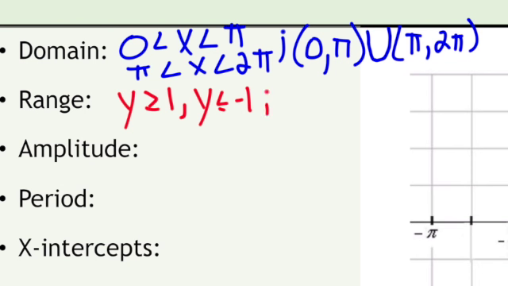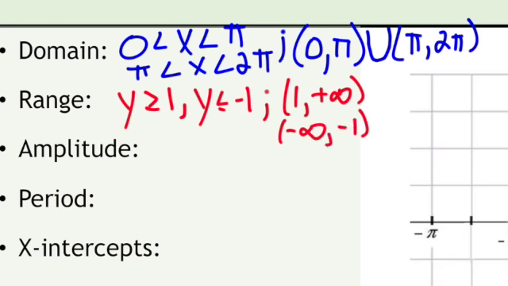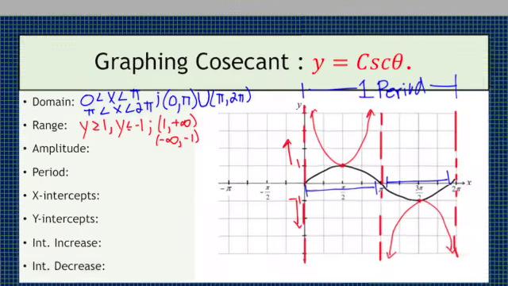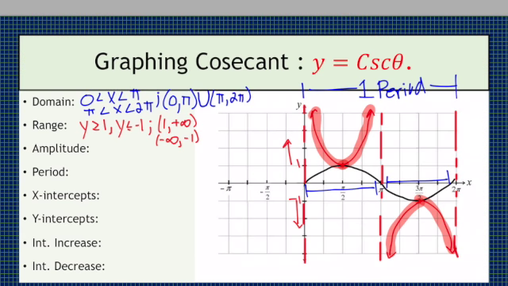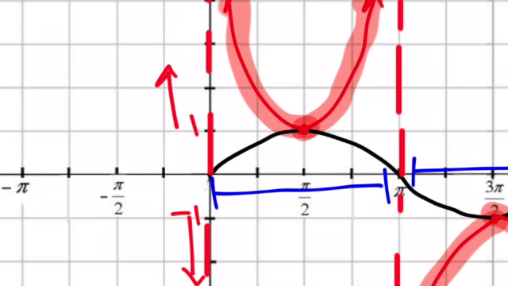Sorry about that. That's as an inequality. If I were to write this in interval notation, we would say from 1 to positive infinity, and then from negative infinity all the way to -1. Perfect.